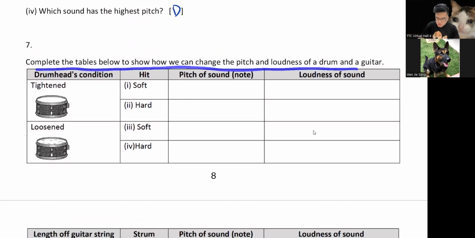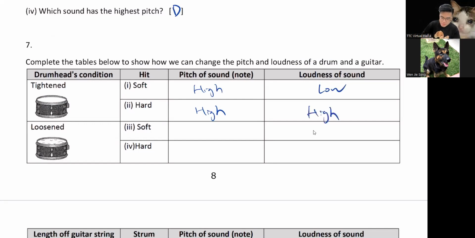Number 7, complete the tables below to show how we can change the pitch and loudness of a drum and a guitar. If the drum is very tightened, the thing is very tight, so your pitch will be high. Loudness depends on how hard you hit it. If you hit it soft, then the loudness is low. If you hit it hard, then the loudness is high.